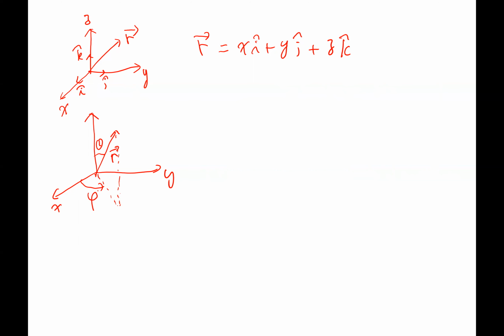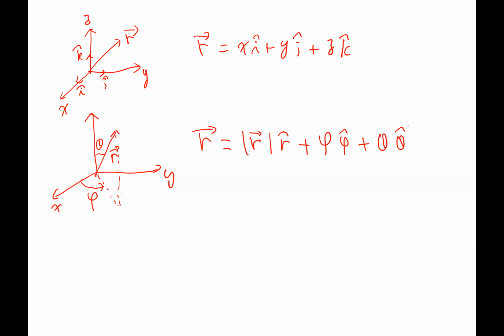So for the same location, we specify this one now not using i, j, k, but using unit vectors: one in the r direction, another in the theta direction, and one more in the phi direction. So you can write this as r, the magnitude, times a unit vector in the r direction, and then phi, which is the angle, with a unit vector along the phi direction, and another one for theta.